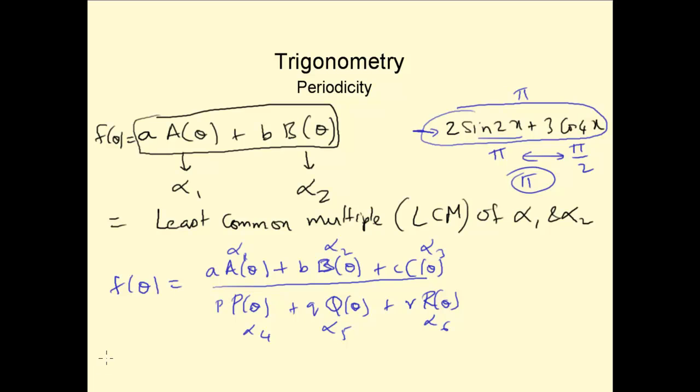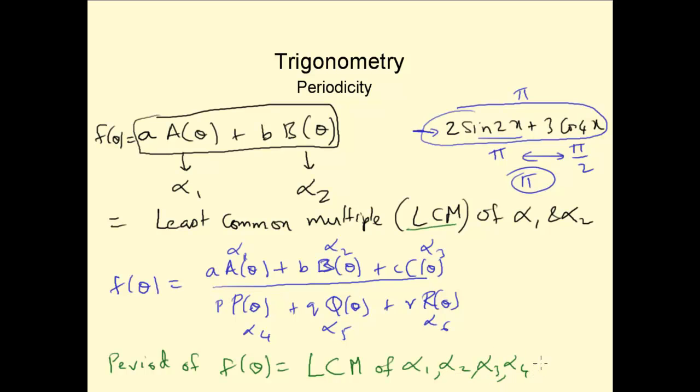Then the period for the whole function, f of theta, would be the least common multiple of all 6 periods, which is alpha 1, alpha 2, alpha 3, alpha 4, alpha 5 and alpha 6. So this would be the period for the whole function here.